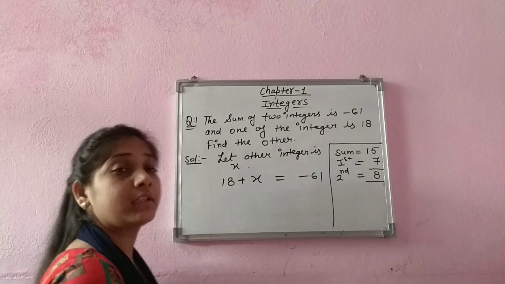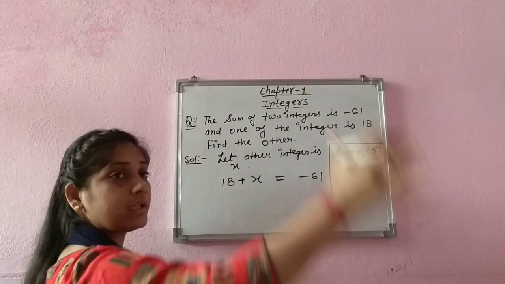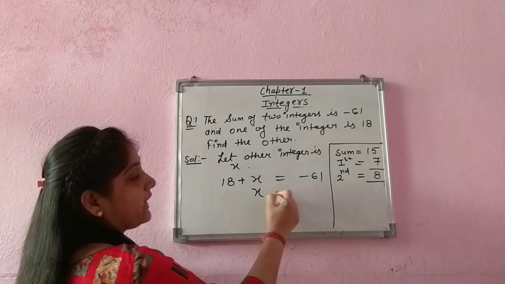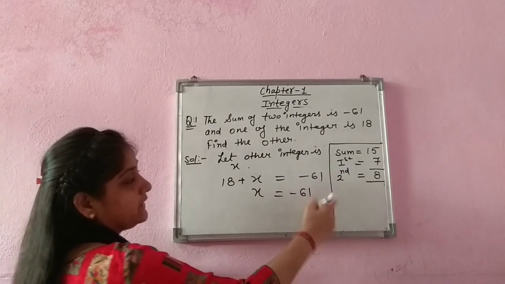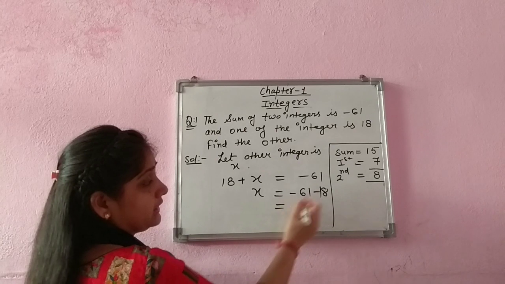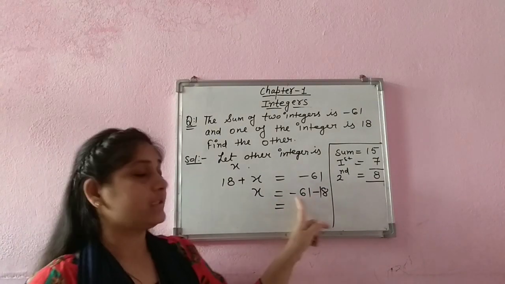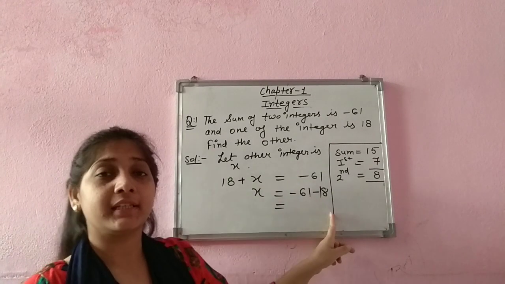Now we have to use the transposition method in which this number is to be shifted to the other side. And when it's shifted, its sign will also change. x remains here, -61 as it is, and +18 will become -18 on the other side. Now you can see the signs are the same. If the signs are the same, the digits will get added.